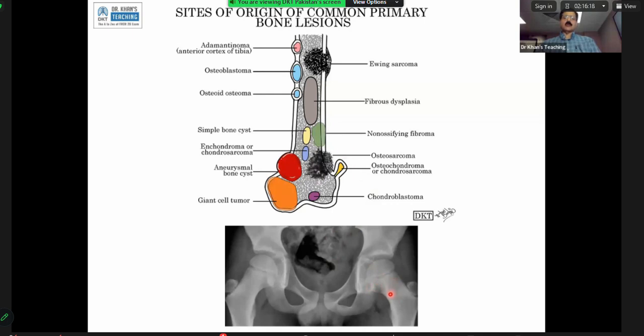In non-ossifying fibroma, of course, the marginal sclerosis can be there, but it will be thinner. But the main point is that it is symptomatic, and then look at the soft tissue, the capsular and the iliopsoas fat planes, they are distended.